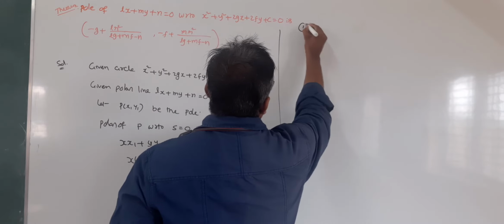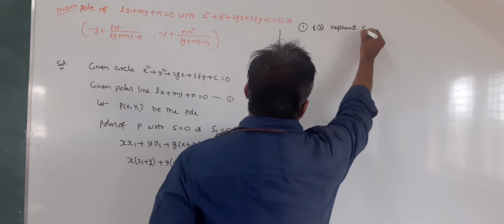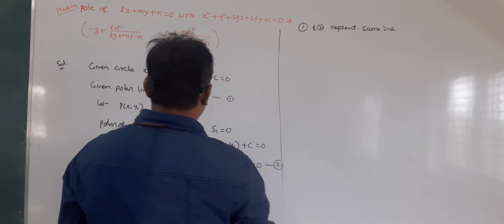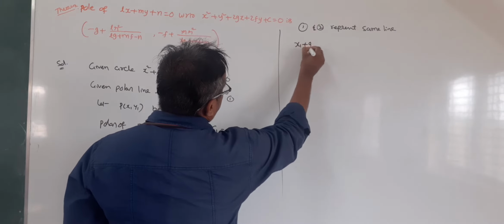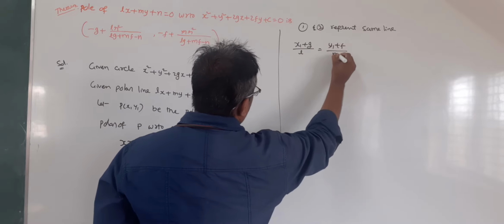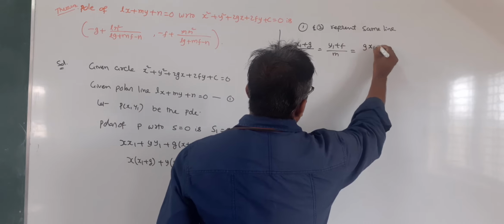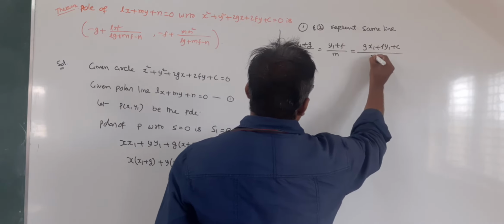Now compare these two lines. That is x1 plus g by l is equal to y1 plus f by m is equal to gx1 plus fy1 plus c by n.